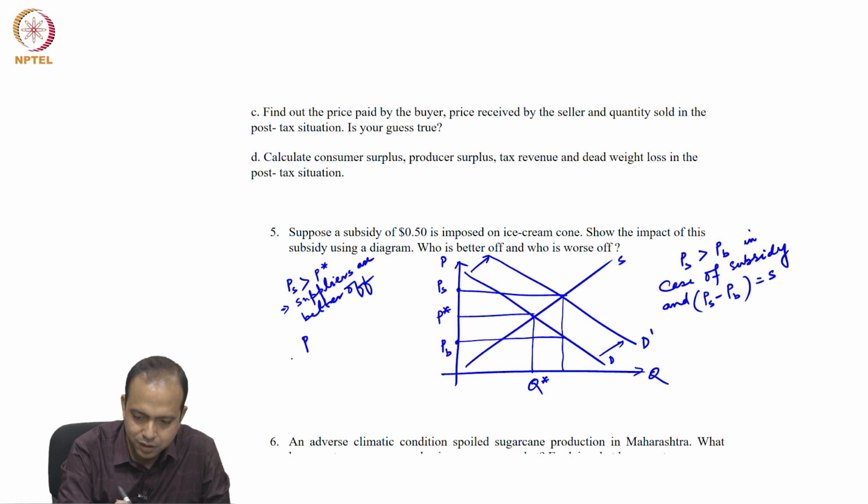PB is less than P star, so consumers are also better off.